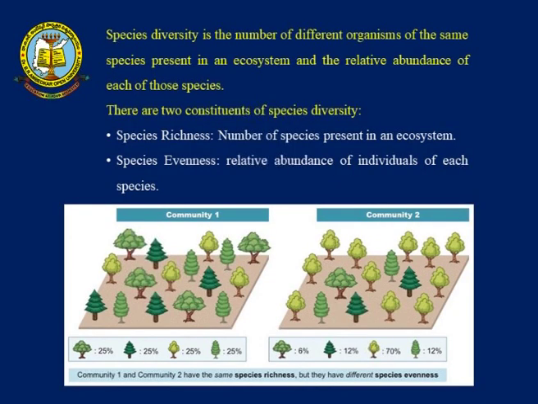Richness is the number of diverse species present in an ecosystem, and evenness is when an equal number of plants or animals are present in a particular community.